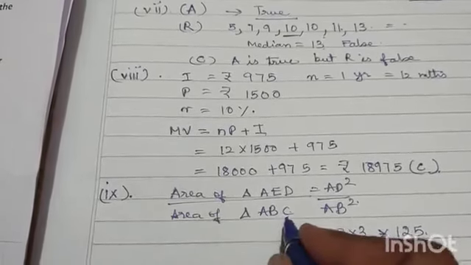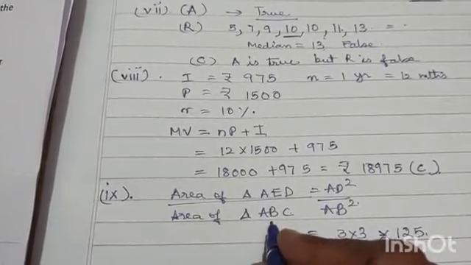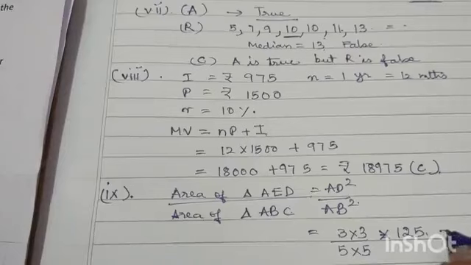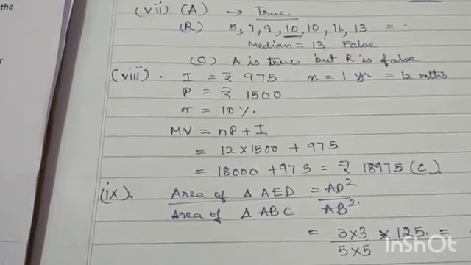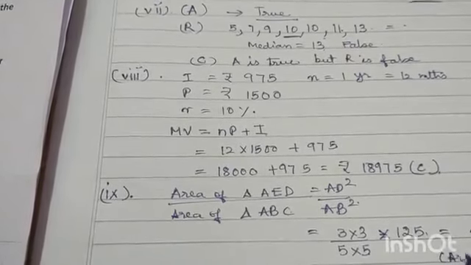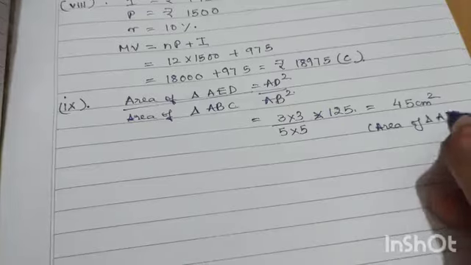Area of ABC is given here 125. So on calculating we get 45 centimeters square. That is area of triangle AED.